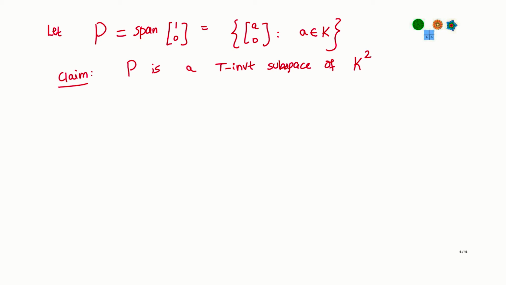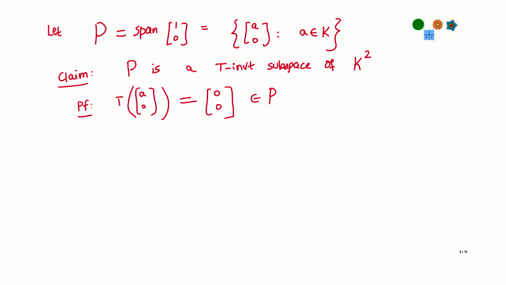Why is that? Proof: if I take any element (A, 0) in P, you see that what you get is just (0, 0), because B is 0 in this case. So T of (A, 0) is just (0, 0), which of course belongs to the subspace P. So this is T invariant for very obvious reasons, since it maps every element there to 0.